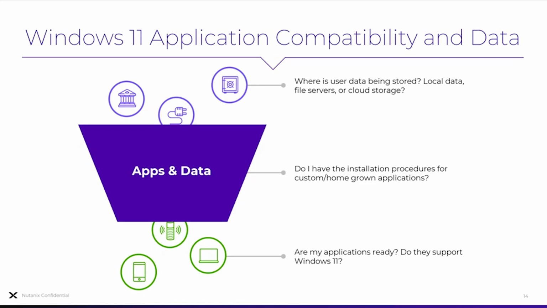Application and data compatibility are big things, because it's not just, like Benjamin said before, the Windows OS shell. That's the easy part, but all the stuff that needs to go on that to make our users have good productivity and be able to do their jobs. Yeah, the apps and data, that's honestly what the end users care about. How do I do my job? What is it that I'm using, and what is the data that I'm working on?